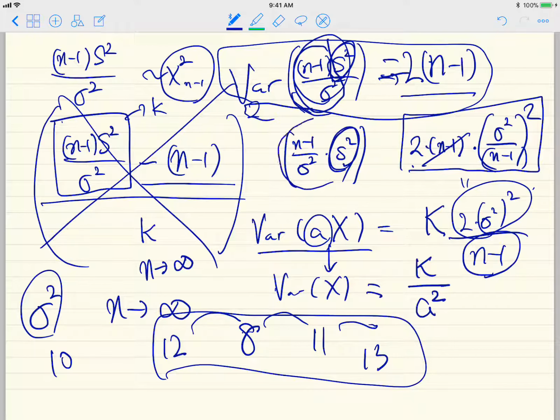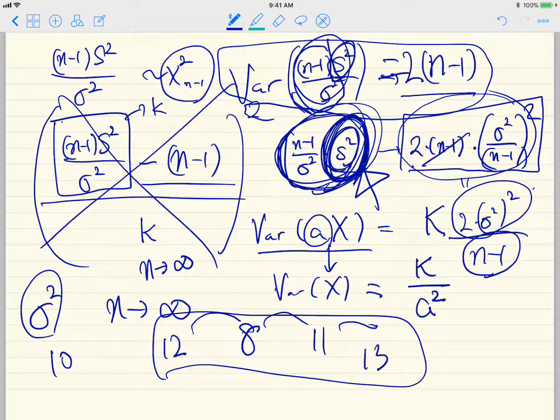And a scaled version like this will be chi-square distributed. Based on the fact that this chi-square distribution has mean and variance n minus 1 and 2 times n minus 1, we can compute the variance of our estimator, and we showed that our estimator has zero variance as n goes to infinity.